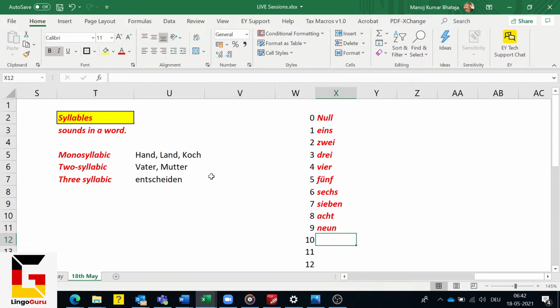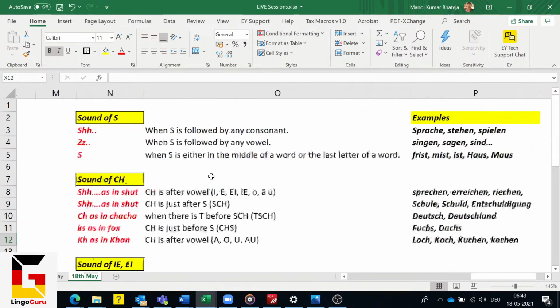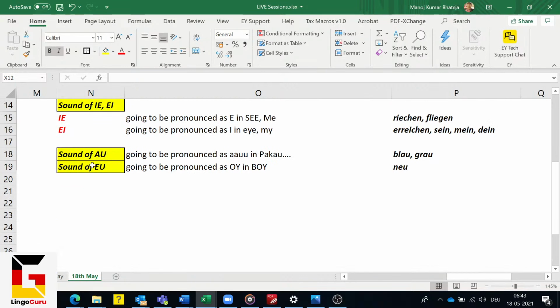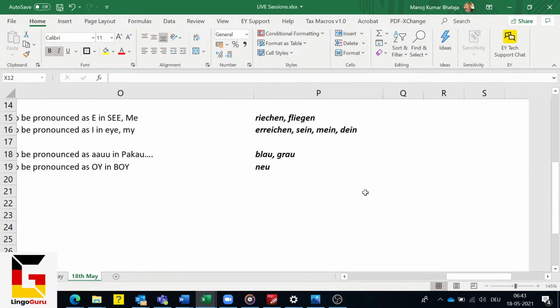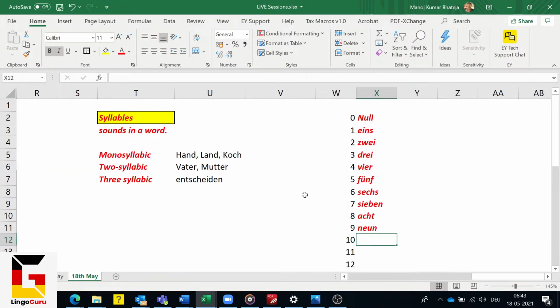If you see, we have this sound, eu, going to be pronounced oi. So this is neun, monosyllabic word. Zehn, again monosyllabic. Elf, the last but not the least.